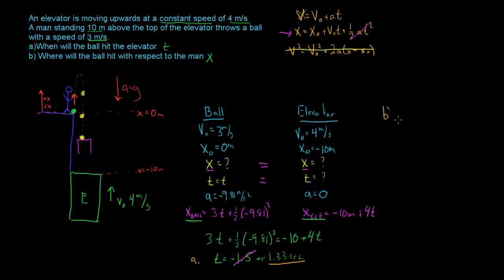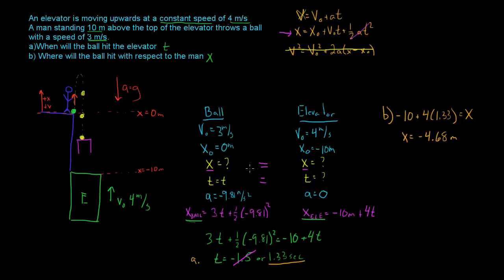So for part B, if we say minus 10 plus 4 times 1.33 is equal to a location, we have the distance is minus 4.68 meters.